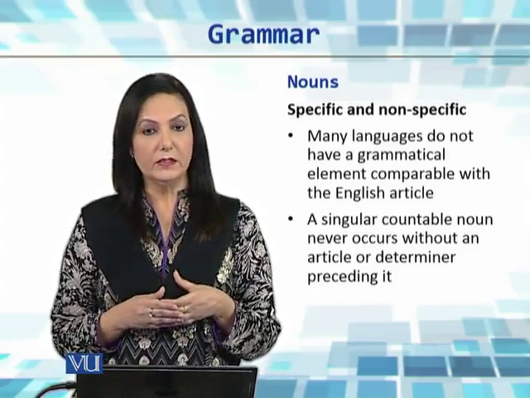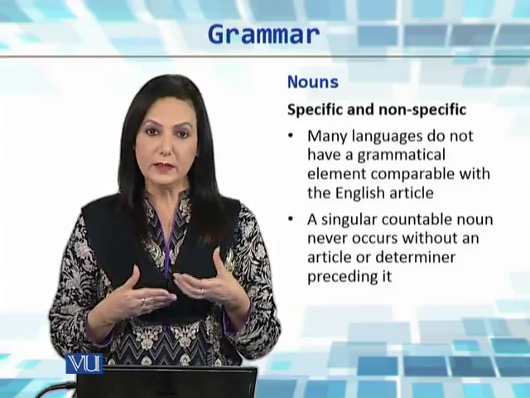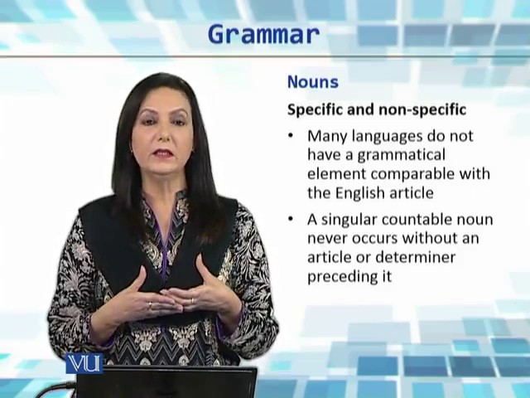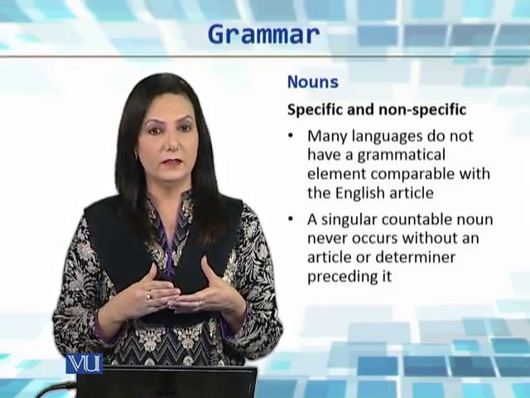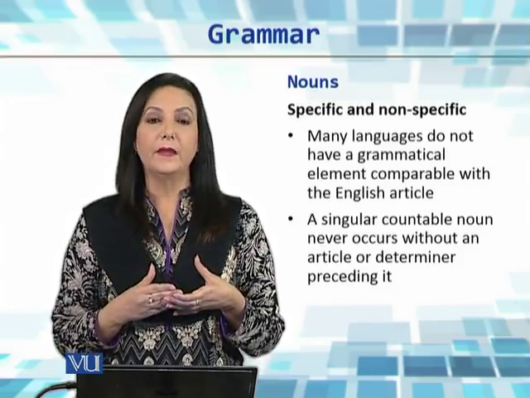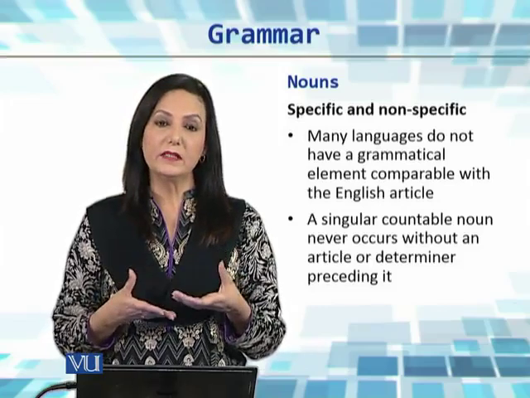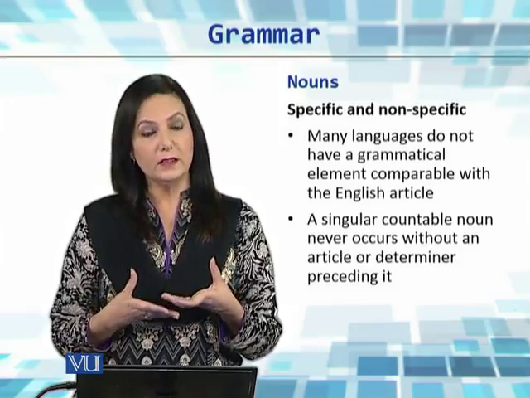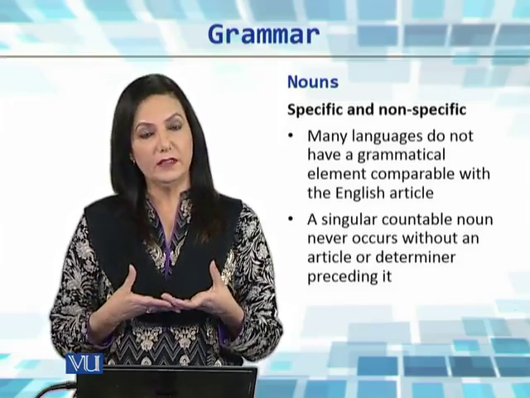Because of this reason, the outer circle speakers of English have difficulty in the use of articles when they speak English. It is because of the interference of their first languages, because they are not used to using such a particle, such a grammatical element in their first languages.